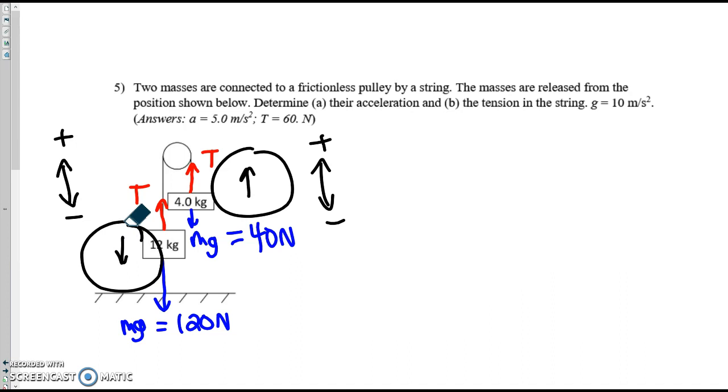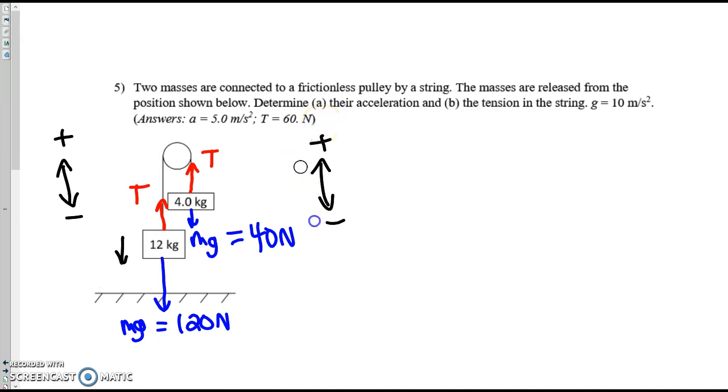We can't simply use up is positive and down is negative, because then the 12 kilograms would have negative acceleration and the 4 would have positive. So instead what we do is we say exactly what we just looked at. We say whatever direction the whole system is moving in, that single direction is the positive direction.